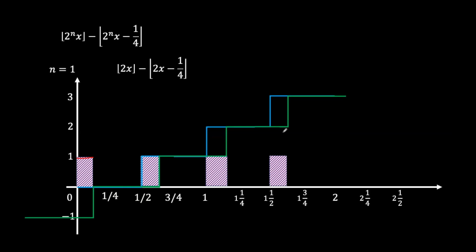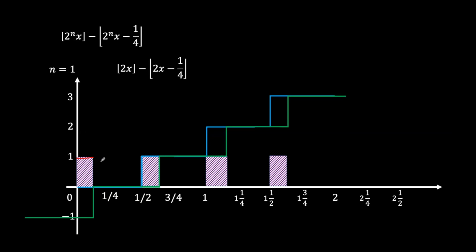So as you see here, what happens is when you increase the value of n from 0 upwards, 1, the number of these difference points increases, but also the width decreases. But the difference remains to be 1.